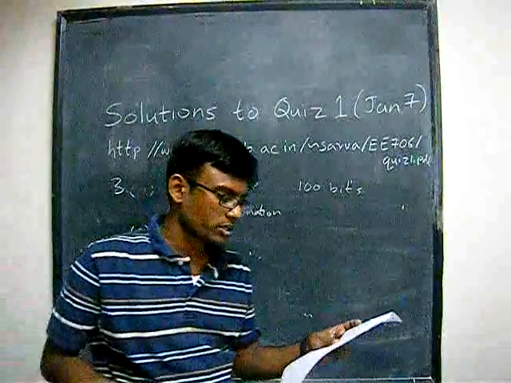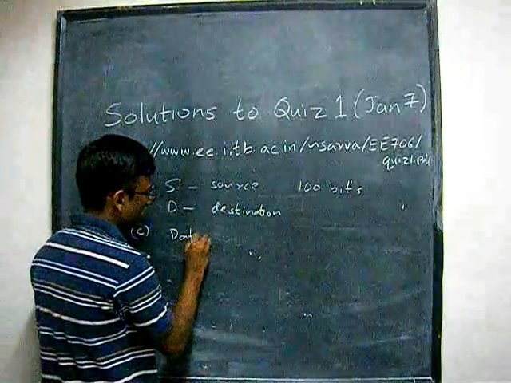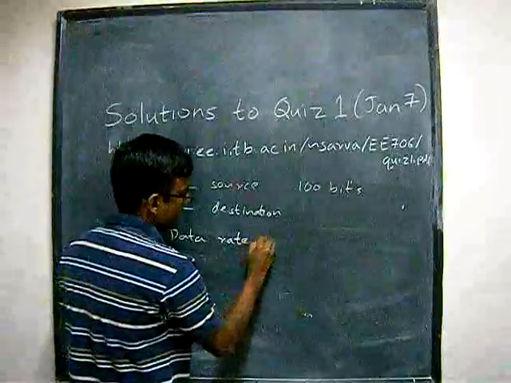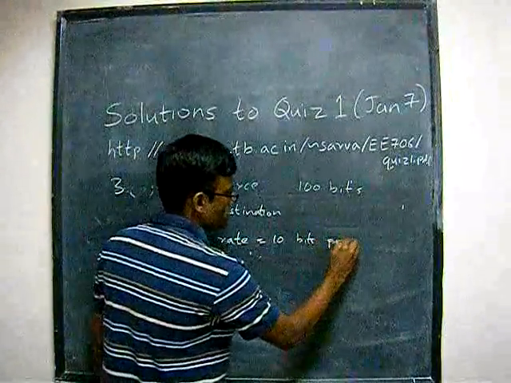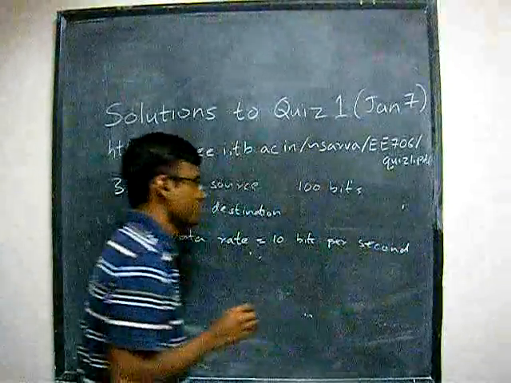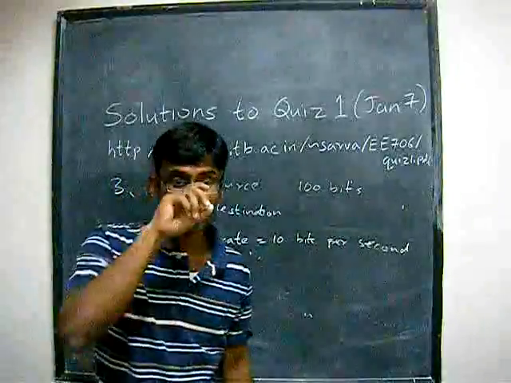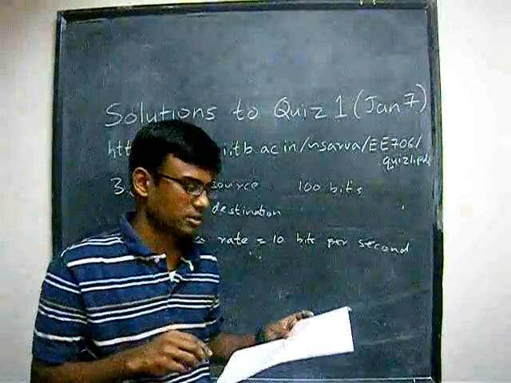The third question was: if the data rate is 10 bits per second between S and D, what is the time duration of transmission in the above two cases?